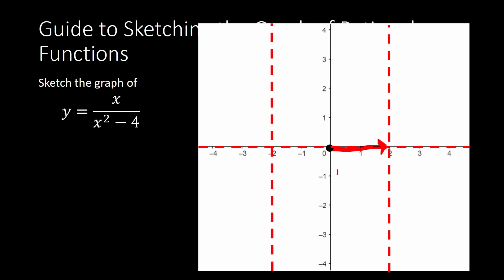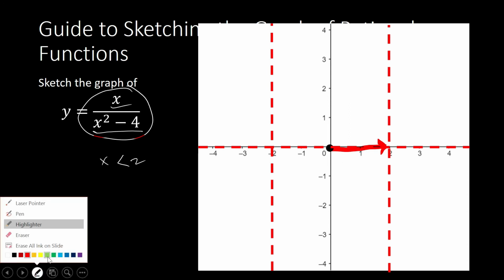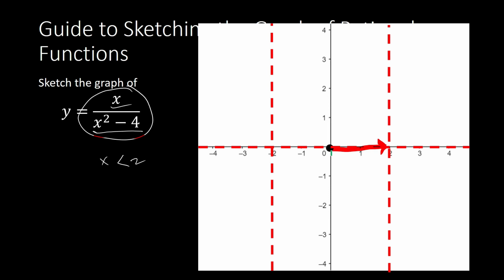Well, when x is approaching 2 from the left, that means x is less than 2, close to 2 but less than 2. So this one is going to be negative and this one is positive. So your graph is below the horizontal axis. So as x approaches 2 from the left, your function goes to -infinity.